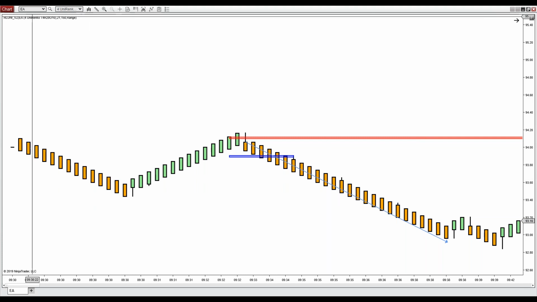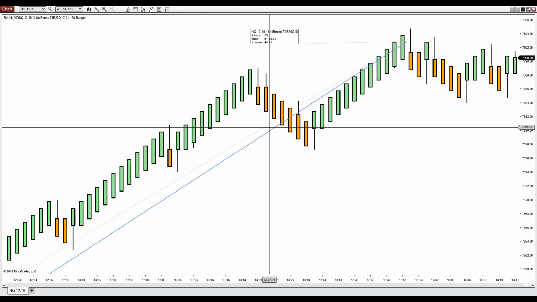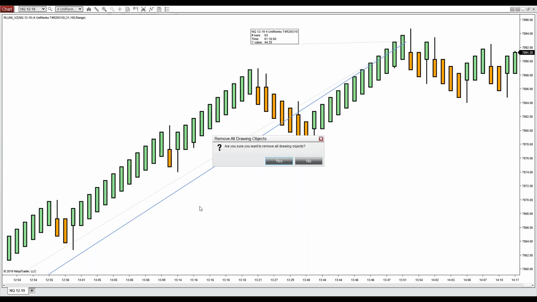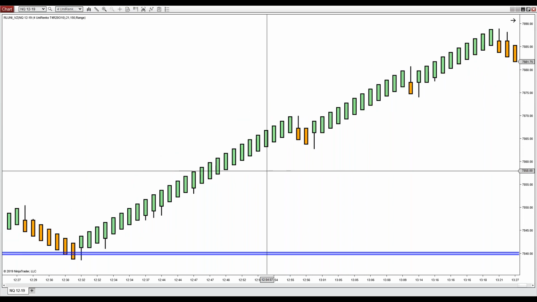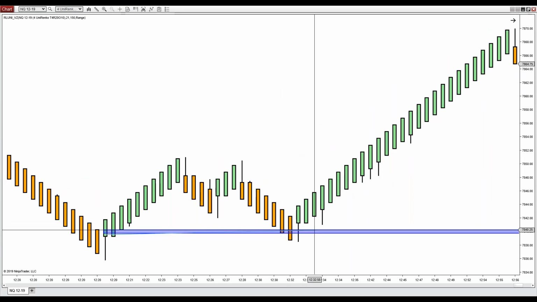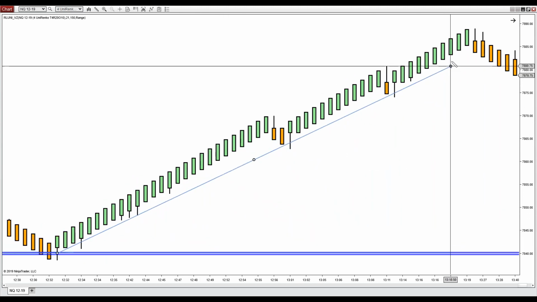Now, if we look at this on the NQ, which is what we trade, let me just take off all the drawing tools. And I'm going to just answer your questions after this. Look at this great bottom it called at 1232, and look at that move.